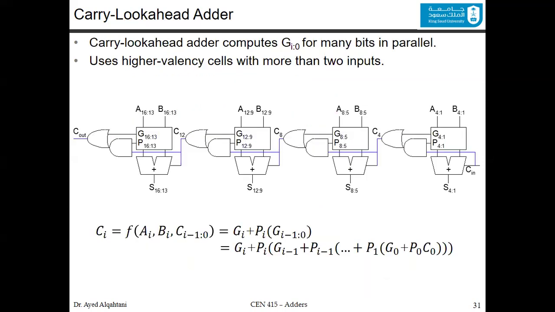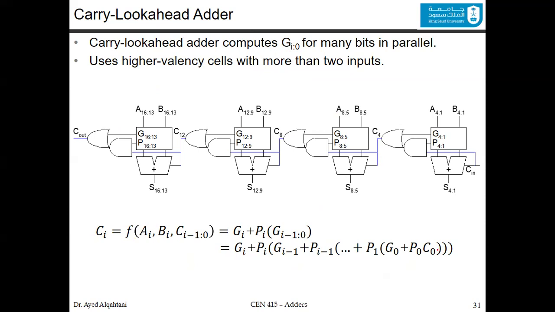The carry look-ahead adder. Now, what happens in the carry look-ahead adder? You are actually computing the generation from 0 to every single stage. And the carry look-ahead adder is the fastest adder. And what you do is you are distributing the propagation for every generation until you distribute it among all the generation signals.